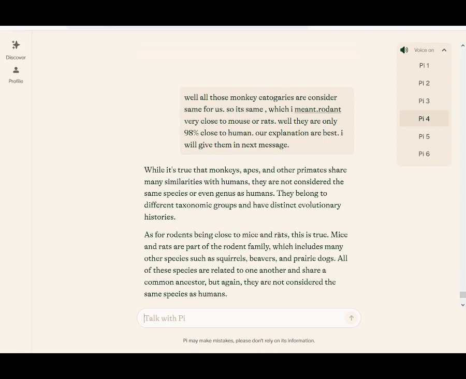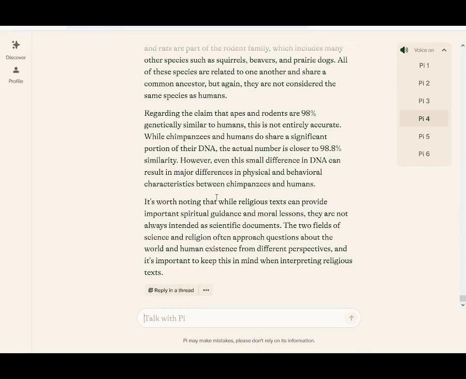Regarding the claim that apes and rodents are 99% genetically similar to humans, this is not entirely accurate. While chimpanzees and humans do share a significant portion of their DNA, the actual number is closer to 98.8% similarity. However, even this small difference in DNA can result in major differences in physical and behavioral characteristics between chimpanzees and humans.